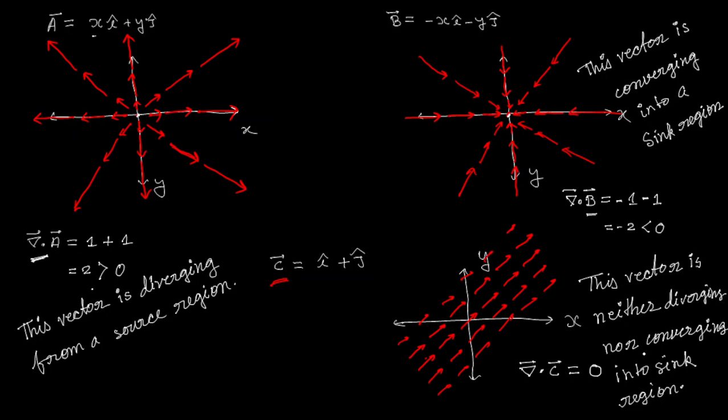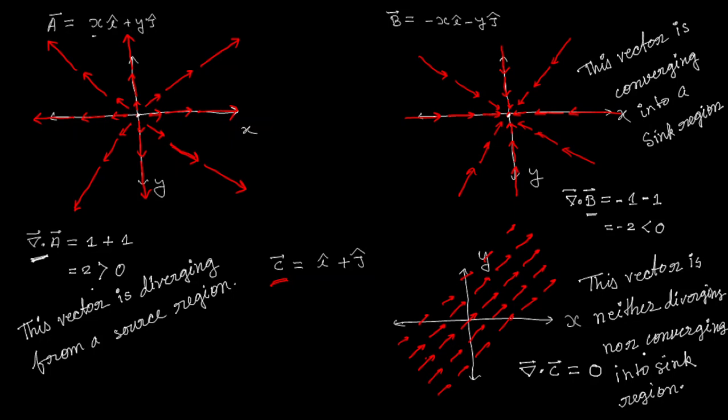If the divergence is negative, then it will look converged to a sink region. And if the divergence of a vector field is 0, then this type of vector field will neither converge nor diverge.